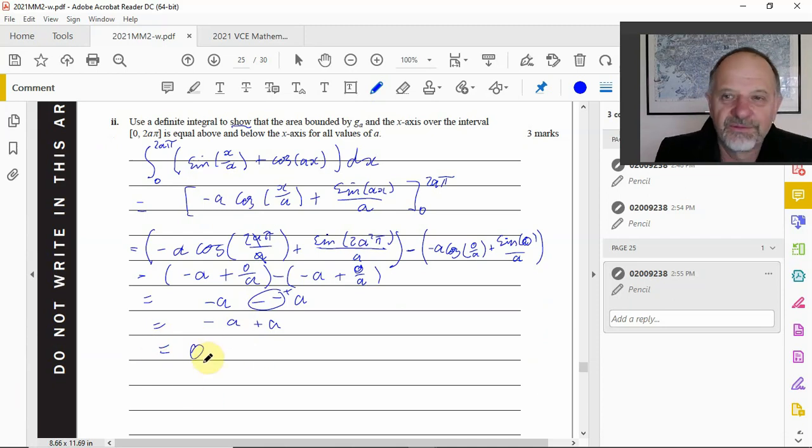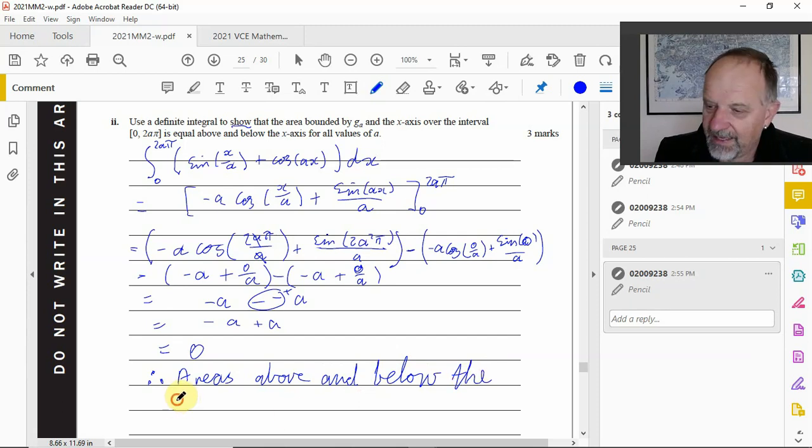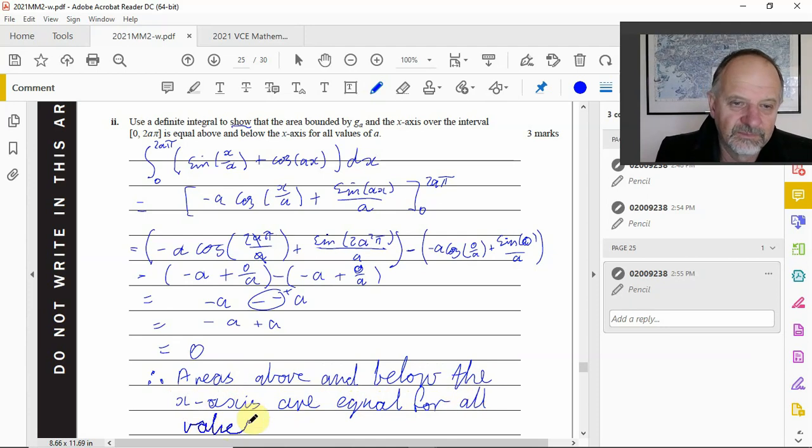So if we've now got that integral equaling 0, therefore areas above and below the axis, or the x-axis, are equal for all values of A, because we haven't taken the A out.